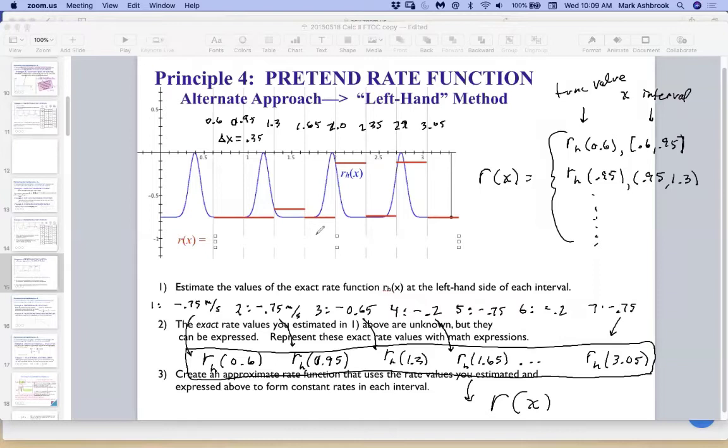Yeah, I was just wondering, so is it a closed bracket for starting at R sub h of 0.95 and then a closed bracket for 1.3? Or it should be closed here. So that should be closed and then the left side should be open? This is a different conversation. Okay.